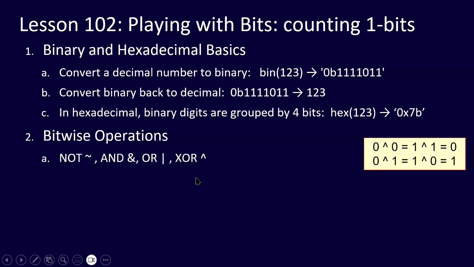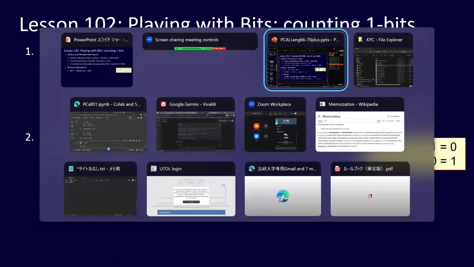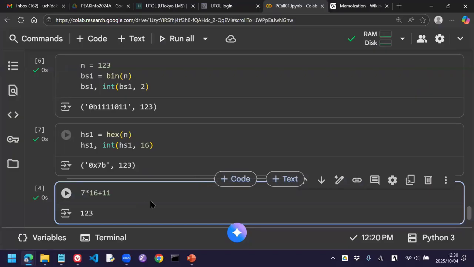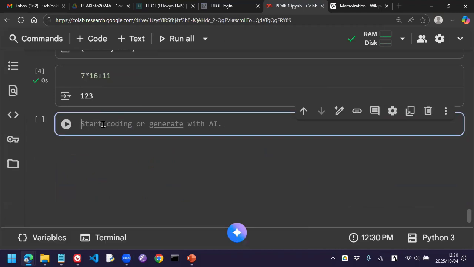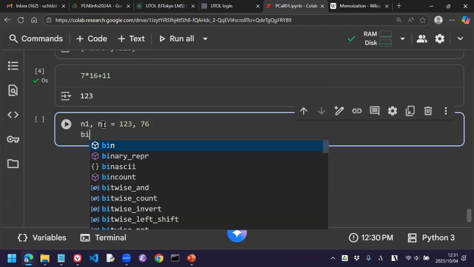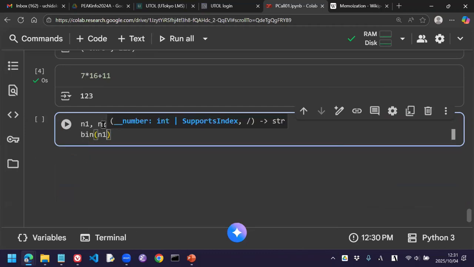You can check yourself if you want by doing calculations like this. For example, we can try n1 and n2 equal to, say, 123 and 76. In this way, we can write the binary representation for both.